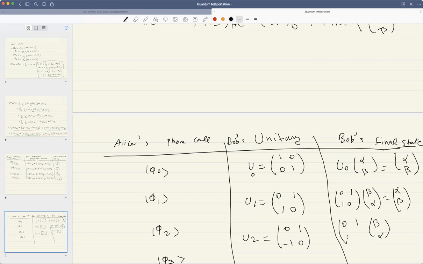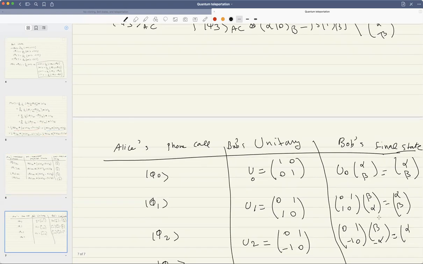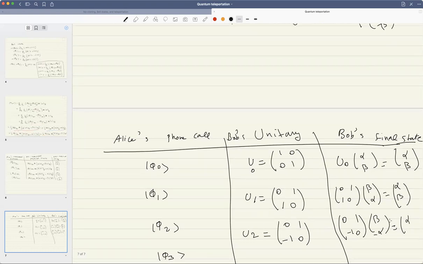So 0, 1, minus 1, 0. Applied to beta minus alpha, it gives me minus alpha minus beta, which is essentially the same. It's the same as alpha beta up to an overall phase, which doesn't matter.